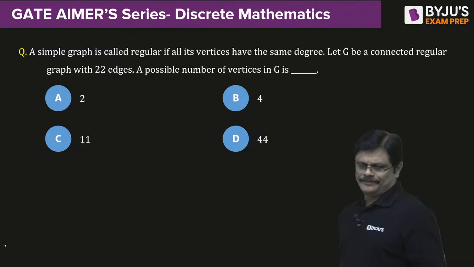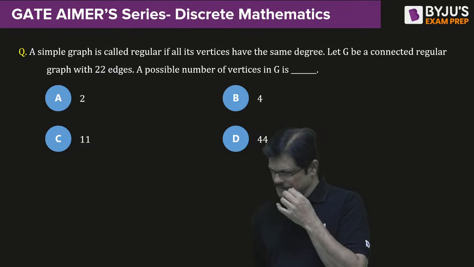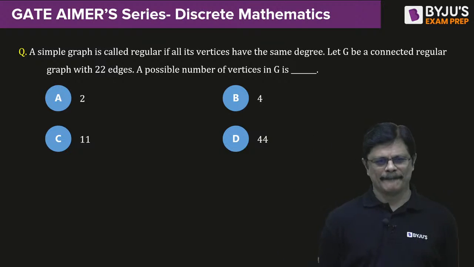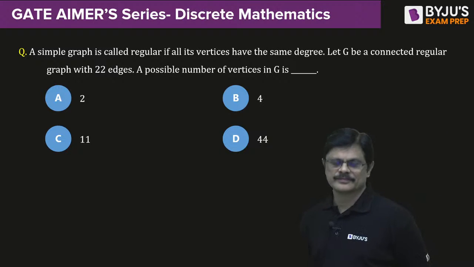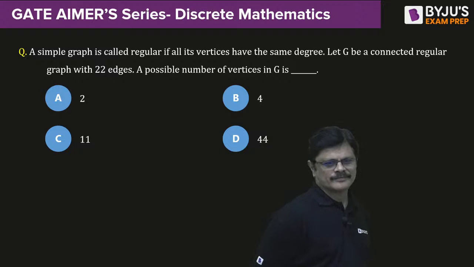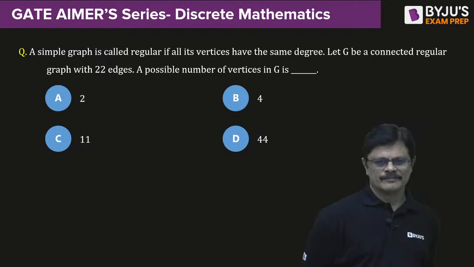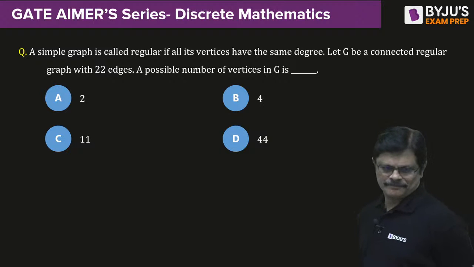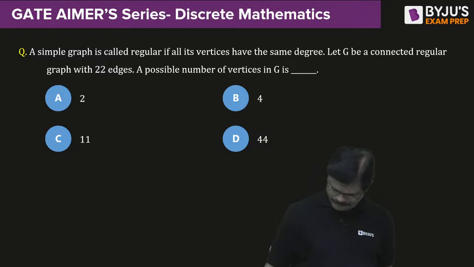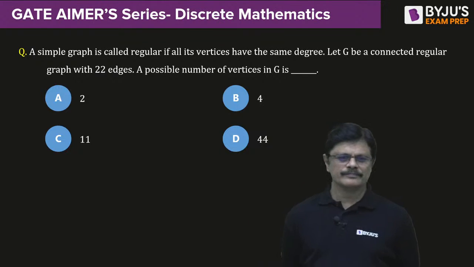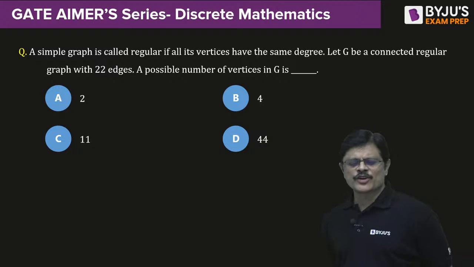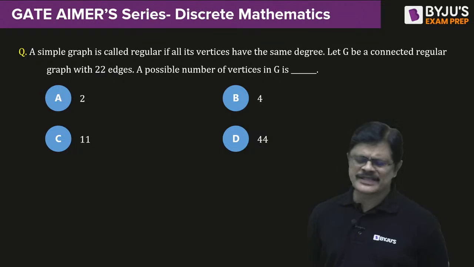Next question. A simple graph is called a regular graph if all its vertices have the same degree, my dear friends.